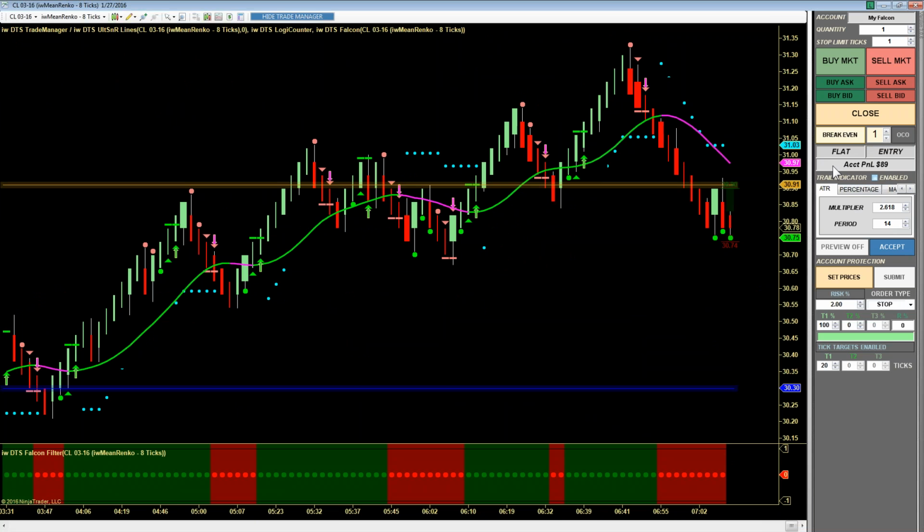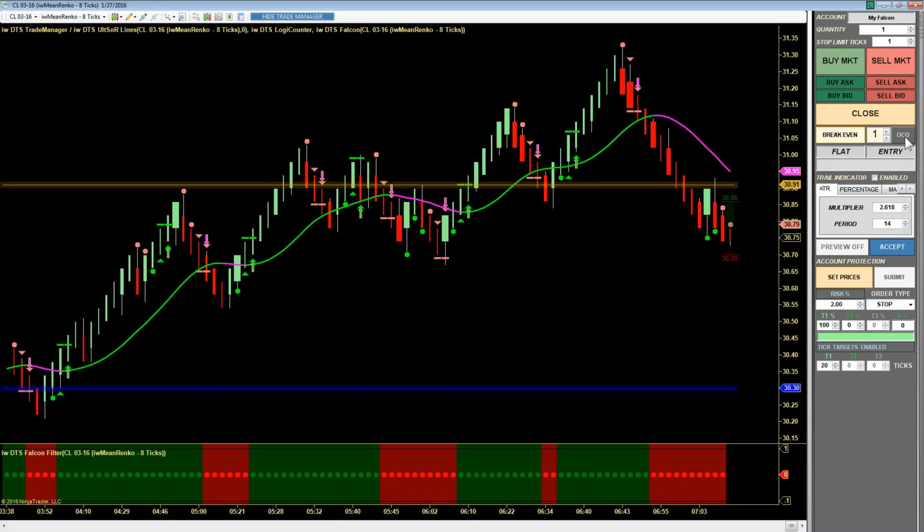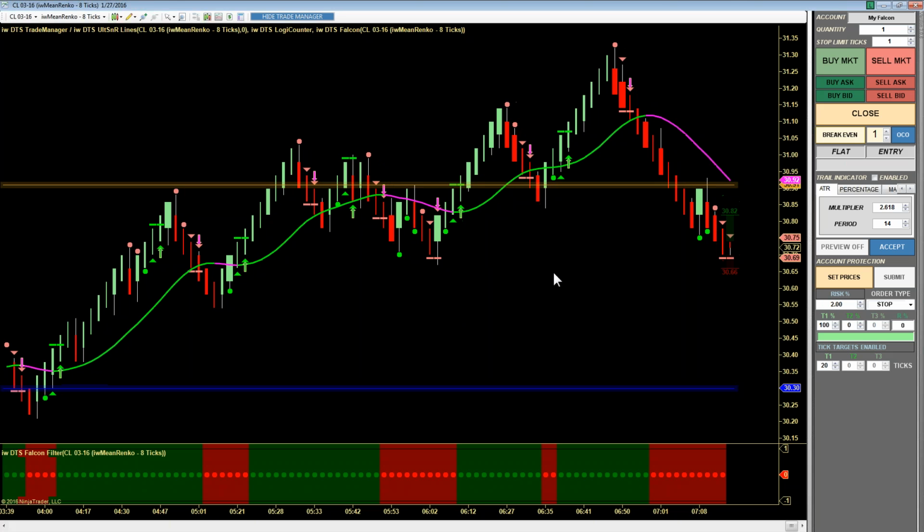And what we'll do with crude is going into inventory report. If the market has established a trading range, very often I'll use the OCO function to bracket that range and just let the market trade higher or lower based on the breakout from that trading range. But right now, I don't really see much of a range.